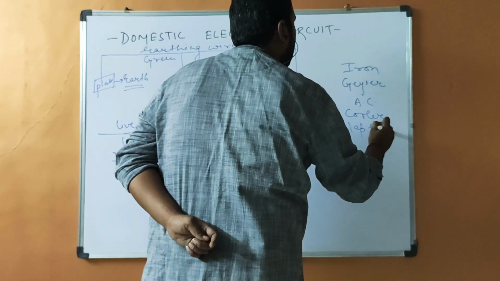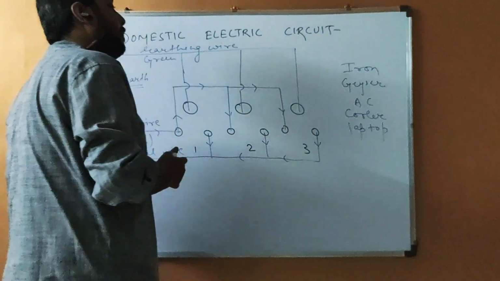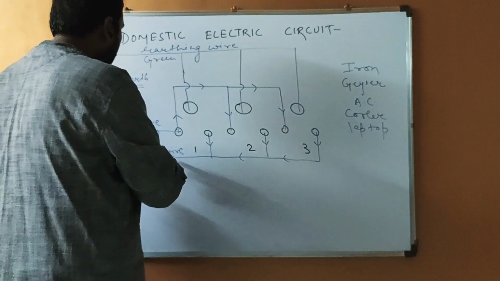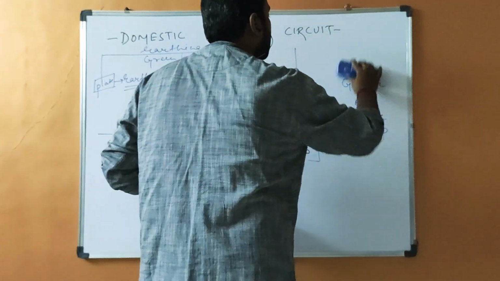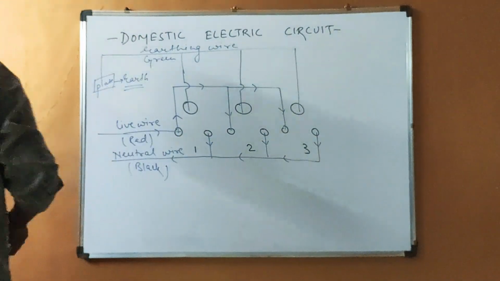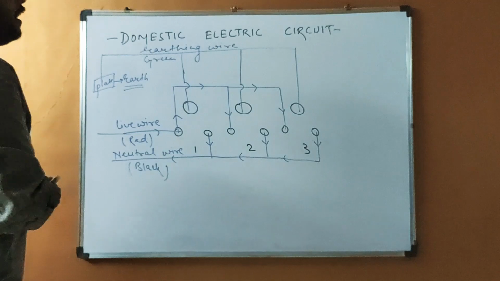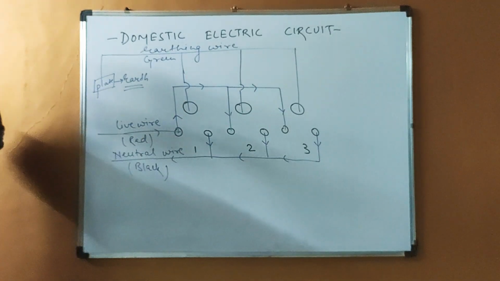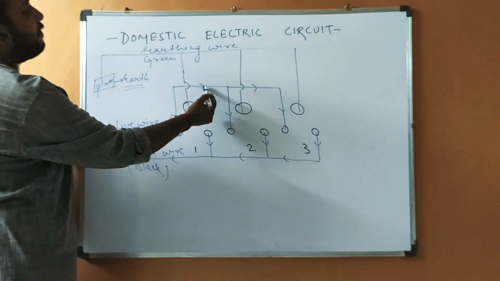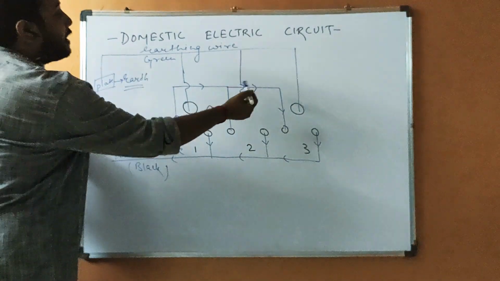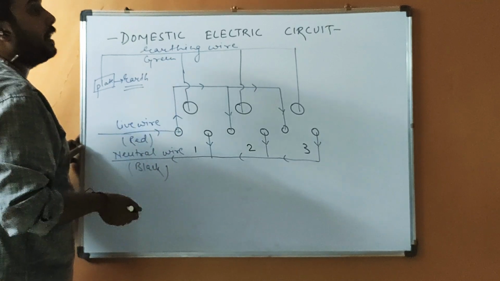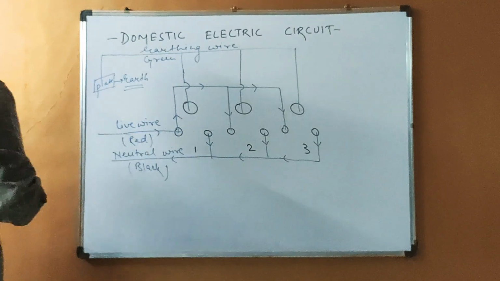If somehow the live wire or neutral wire touches the metallic body, the body will get a current, and if we use it, we will get a shock.